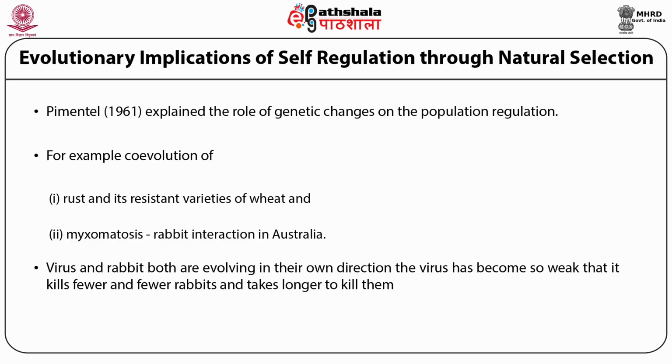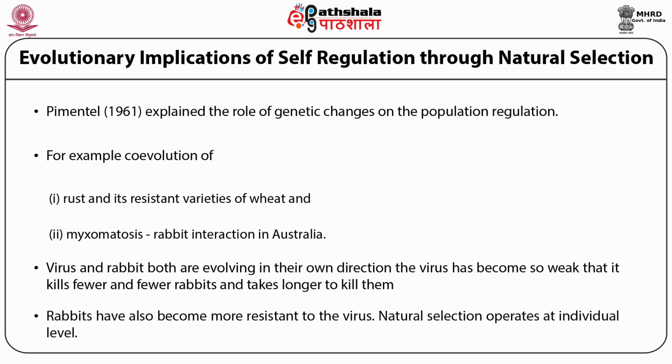But then after some time, it was observed that both the rabbit population and myxomatosis population evolved in their own direction. The virus became less virulent and even the rabbit became more resistant. Natural selection favored it so that both the populations could coexist for a longer duration and they could sustain and maintain themselves.